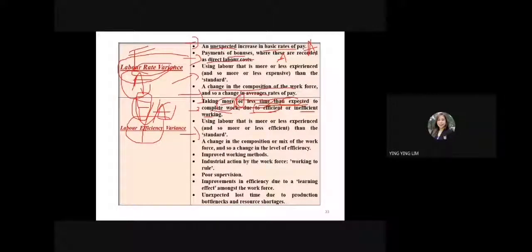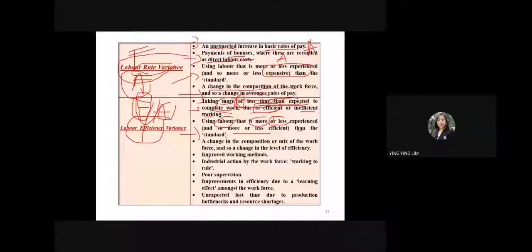Then there is the earlier point just now, the less experienced or the more experienced worker. Rational thinking, a more experienced worker definitely has a better learning curve, so they can complete the work faster than the less skilled worker. So using labor with more or less experience, and so more or less efficient than the standard.